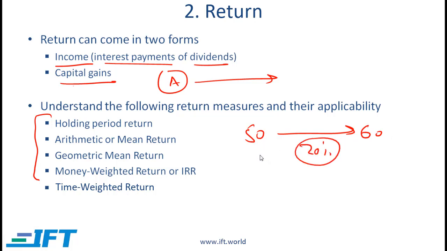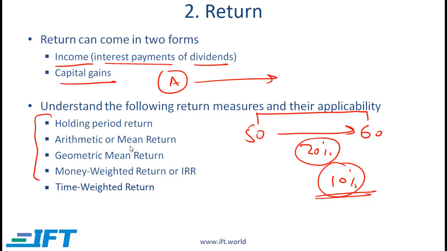With a holding period return, we always need to specify the period. When the holding period is not specified, or we simply say that the return is 10%, then the assumption is that this is an annualized number.